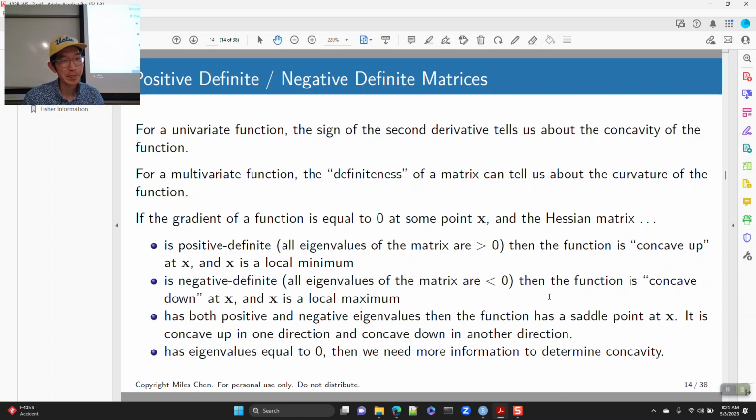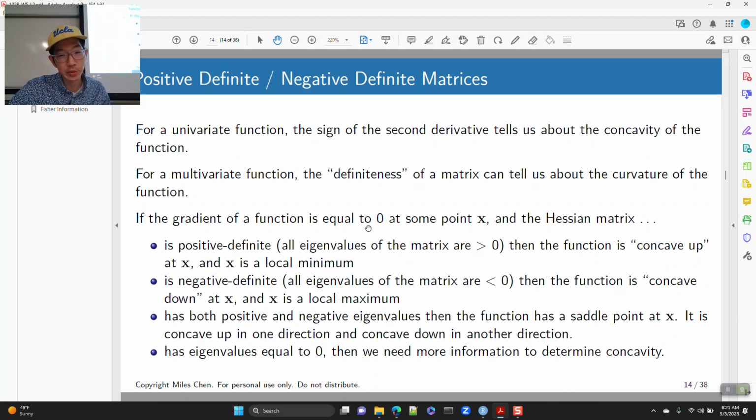If the gradient of a function is equal to 0 at some point, you think of the sign of the Hessian matrix as either positive definite, negative definite, or neither. Positive definite means all the eigenvalues of the matrix are greater than 0. Then your function is concave up, and your location x is going to be a local minimum, okay?